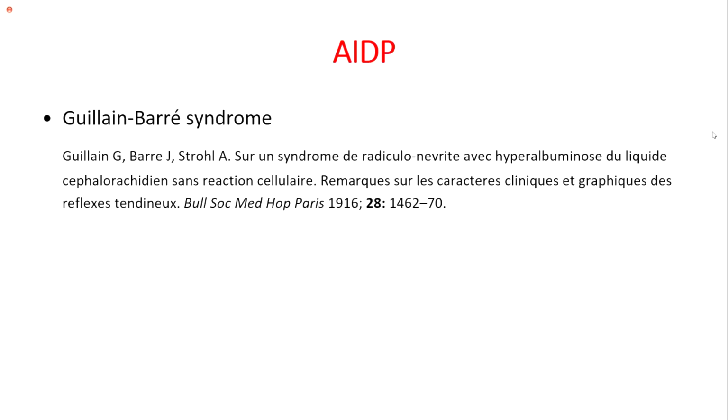He was the neurophysiologist. The first 2 cases were described in 2 soldiers during the First World War. As you can see, it is 1916, just before you all were born. So it's over a century that Guillain-Barre syndrome has been described. It's over 100 years since its first description.